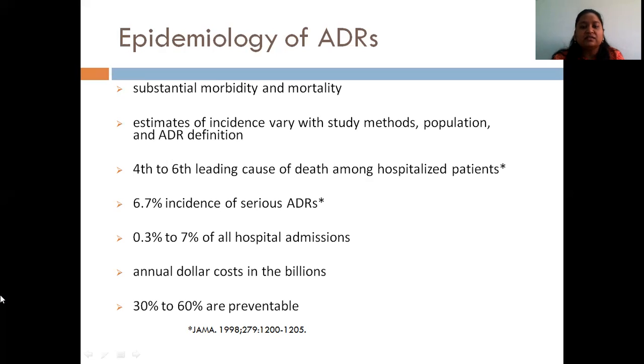Hospitalization and death of patients due to ADRs is the fourth or sixth leading cause, and it has been seen that around 6.7% is the incidence of serious adverse drug reactions. So we can say the incidence rate of ADRs in a population group is around 6 to 7%, and for hospitalization, 0.3 to 7%.